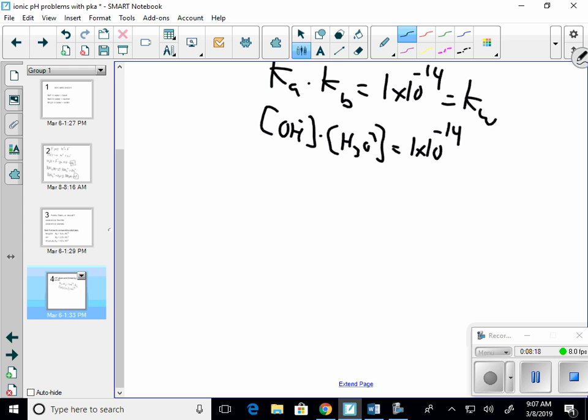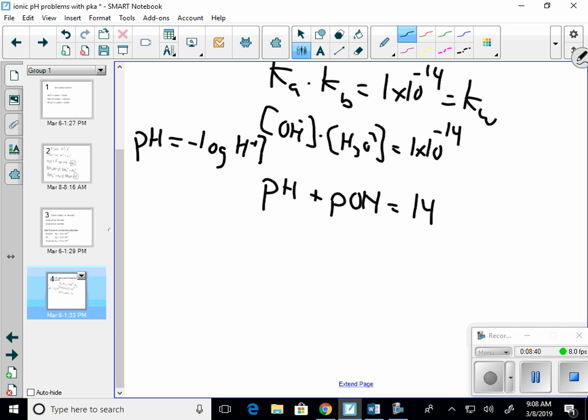Underneath that, there is another equation on your equation sheet. Look familiar? The reason why these 2 equations are kind of interchangeable is because of this, and then I could do pOH for the hydroxide. Get all equations that you know.